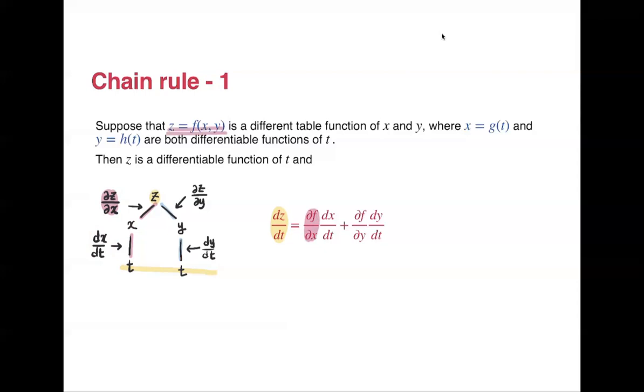So dz/dx multiplied by dx/dt is the first path. And then we add another path: dz/dy, the same as df/dy, multiplied by dy/dt.